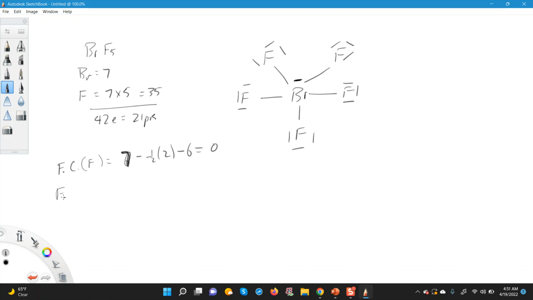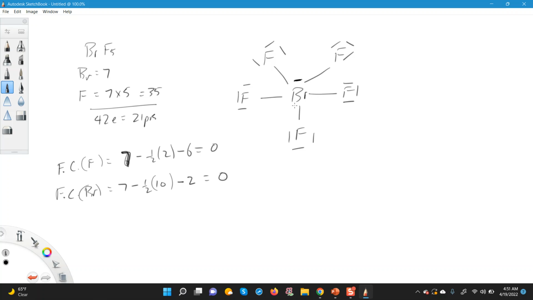In the case of the formal charge of bromine, that would be 7 minus half of 10, minus 2 non-bonding electrons. So that's 7 minus 5 minus 2, so that will be 0. Therefore, the charge on all the atoms will be 0, so this will be a neutral molecule.